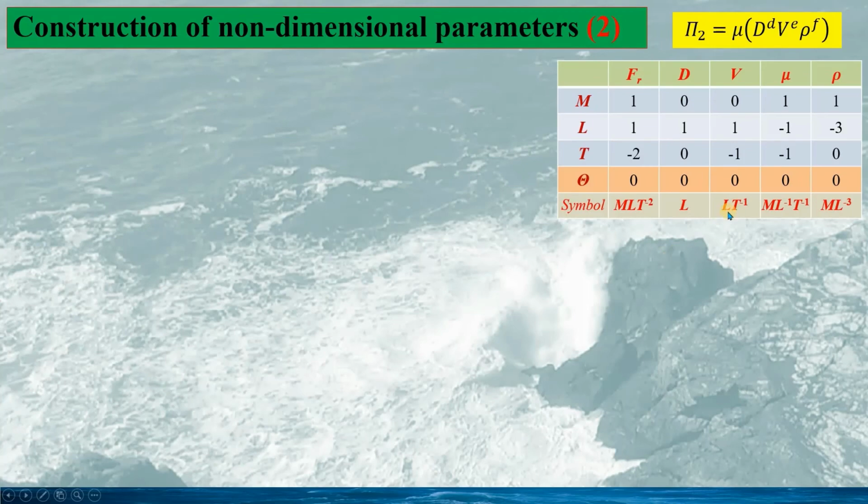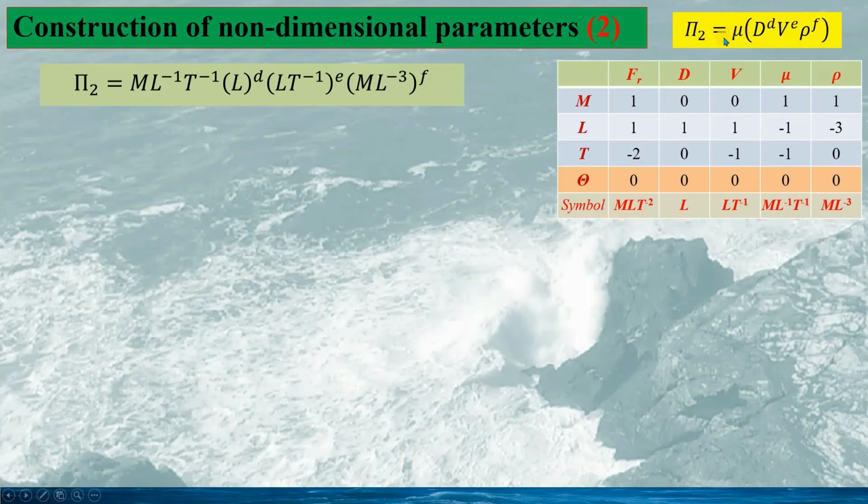Similarly, for the non-dimensional parameter pi 2, we can substitute all the symbols into the expression. So we have the expression for pi 2, and we can write the expression as this based on m, L, and t.